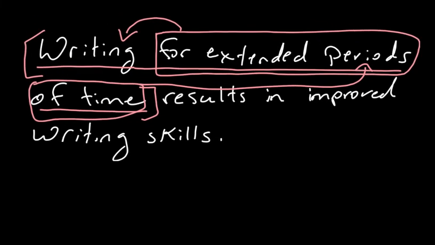Gerunds can also be preceded by modifiers or adjectives. They can be any adjective or any possessive pronoun. So this one can be preceded by, for example, "his writing," and so "his" should be included as part of the whole gerund phrase.